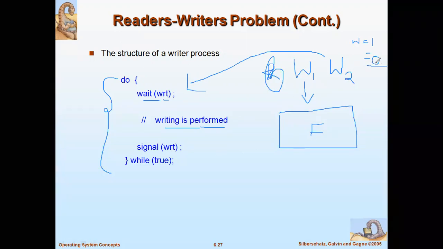So when W2 tries to check with the wait operation here, it finds that WRT is 0. If it tries to decrement it, it gives a negative value, which means it will not allow W2 to enter into the file. This is how more than one writer is prevented from accessing the shared resource.